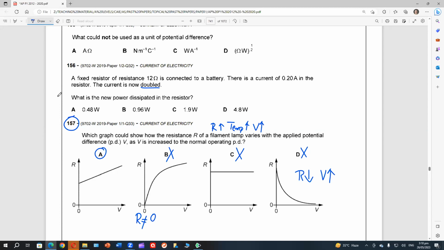So what I was thinking, if we double the current, it will become 0.4 ampere. It is coming as 1.92.